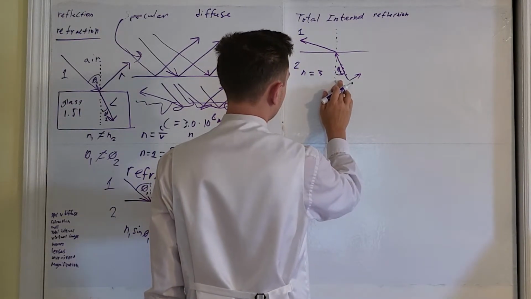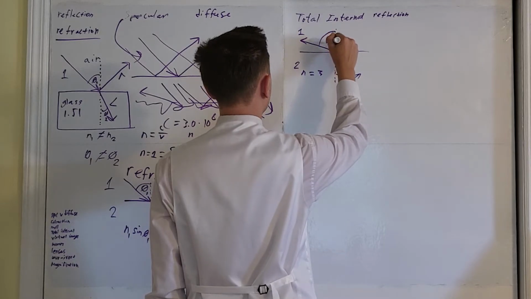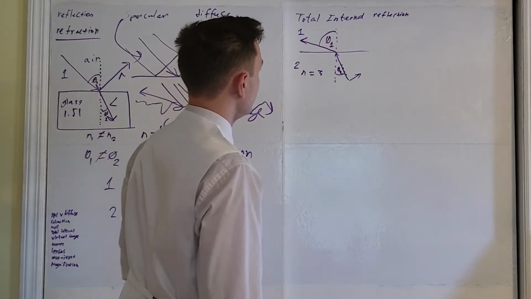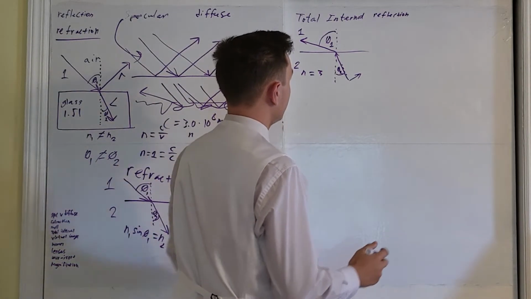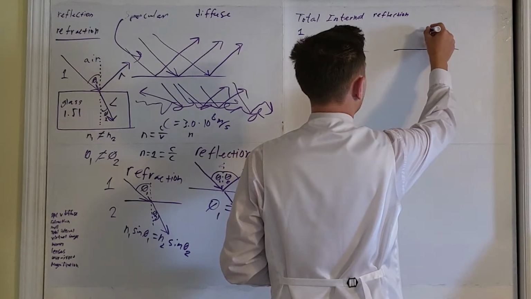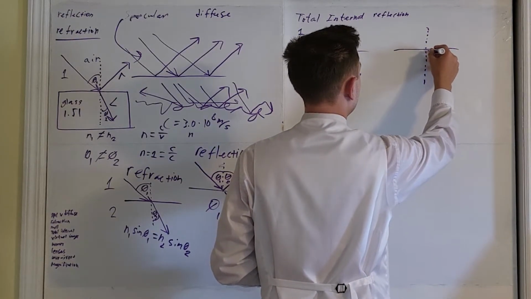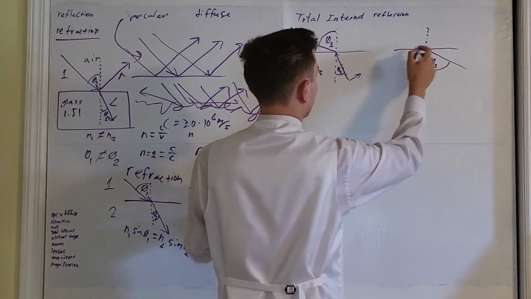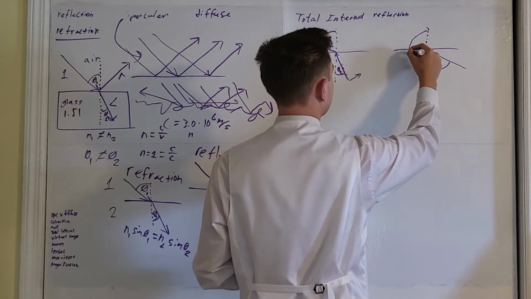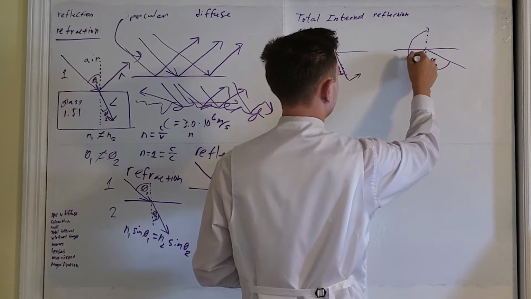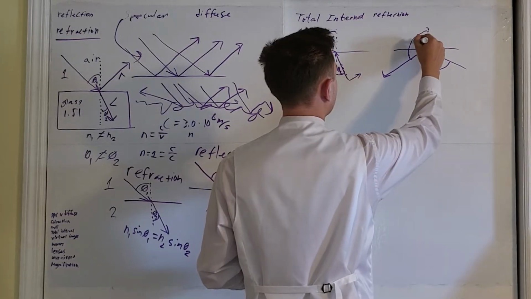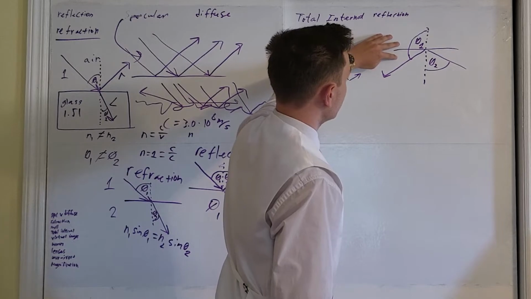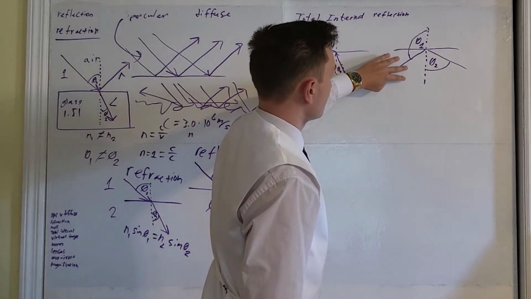I can increase theta 2, and therefore that will further increase theta 1 until theta 1 is 90 degrees, okay? And if I keep increasing past that point, if I keep increasing theta 2 until it's all the way out here, then theta 1 will have increased so much that it is now on the other side of the medium, okay? Now theta 1 is so big that the refracted ray no longer leaves the original medium.